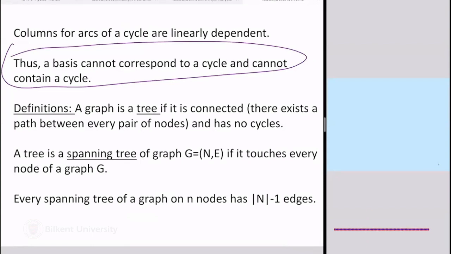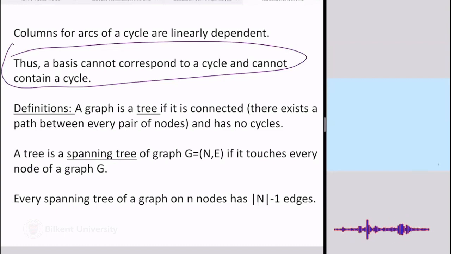Then let me define something for you. Over a graph, any subgraph, some set of arcs in the graph, which are connected to each other and have no cycles, is called a tree. All right. So we have a graph, and over the graph we are going to select some arcs.